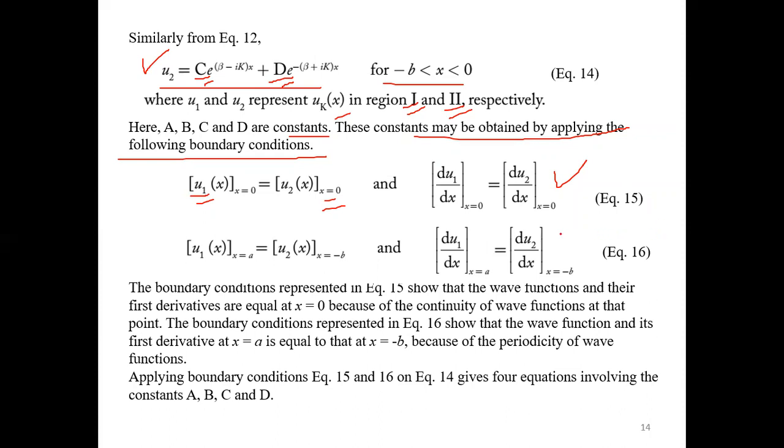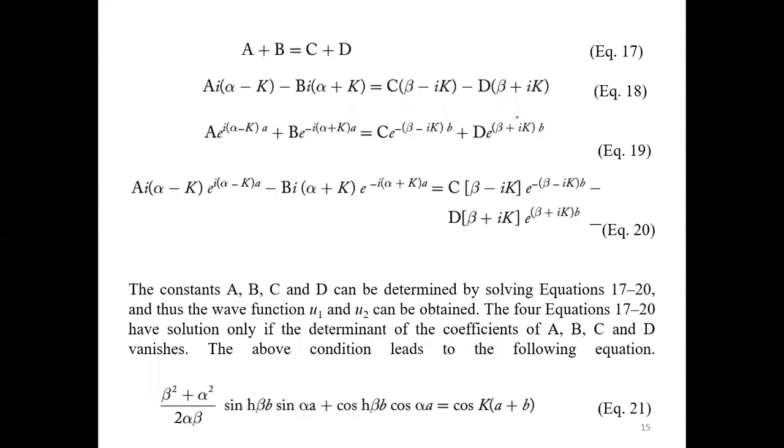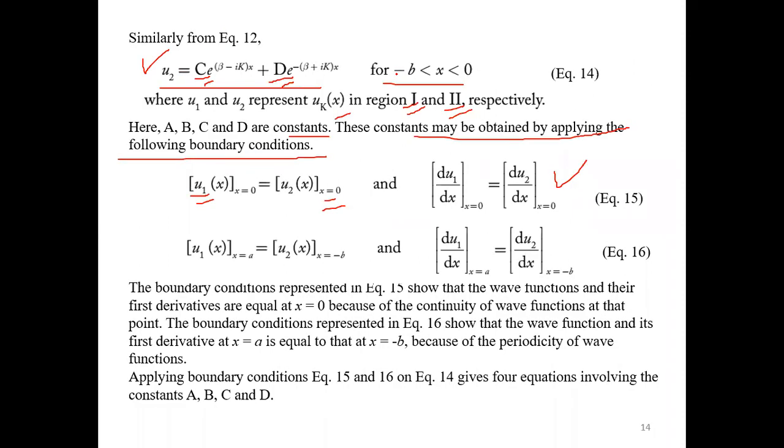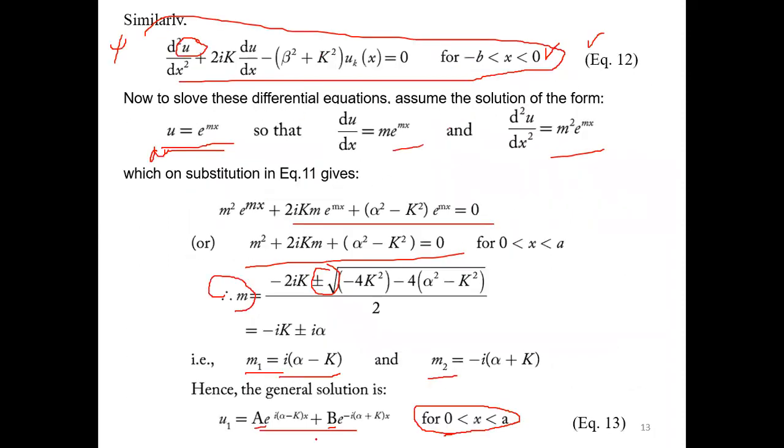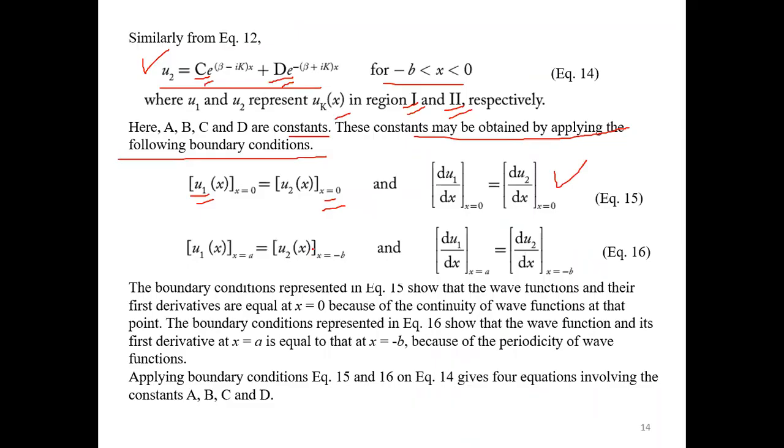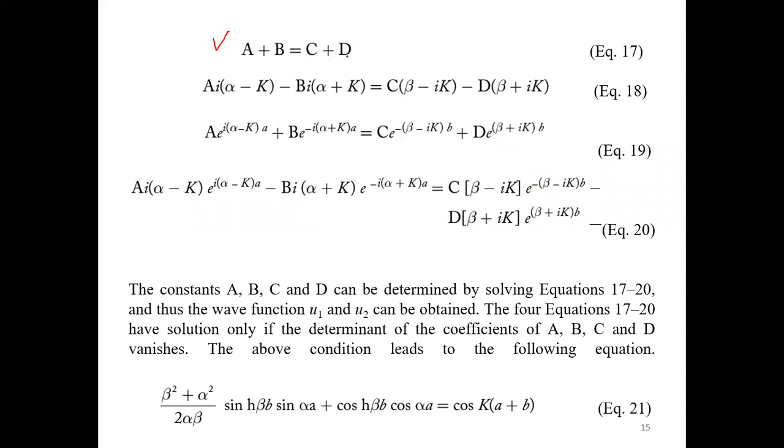And applying these 4 boundary conditions, we will get 4 different equations from 13 and 14. For the first condition, it gives us A plus B equals C plus D. If you substitute x equal to 0 in U1, it will be just A plus B, and from this other equation it will be C plus D. So it's just algebra.